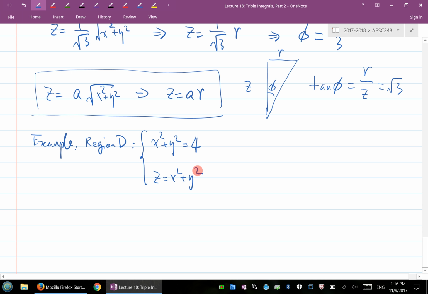Okay, and I should actually put another one, the xy plane here. So three things to give this region D.